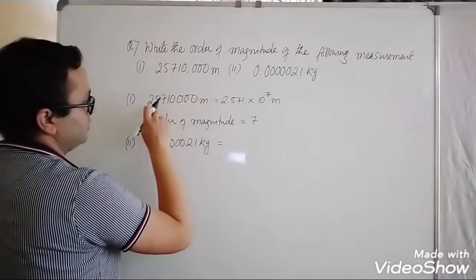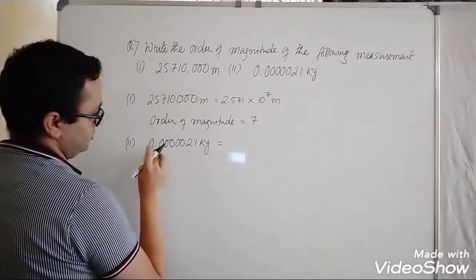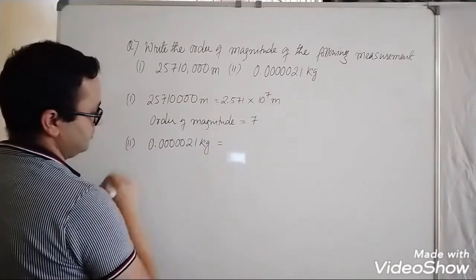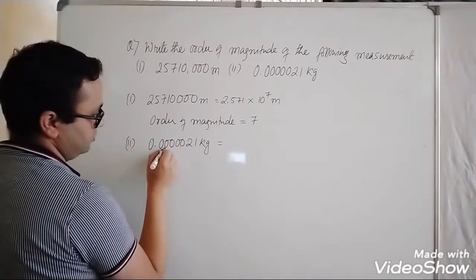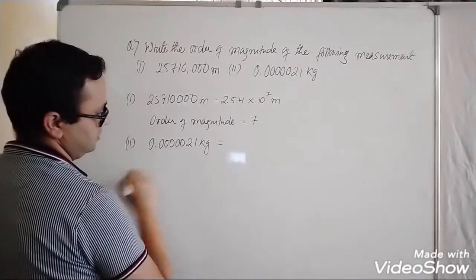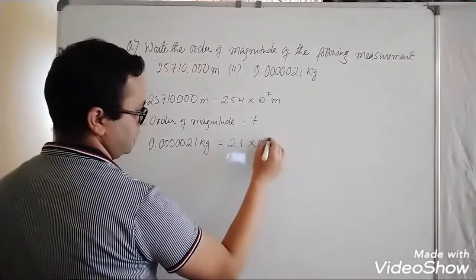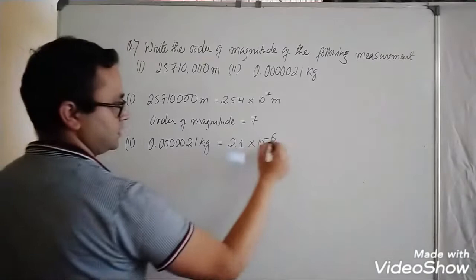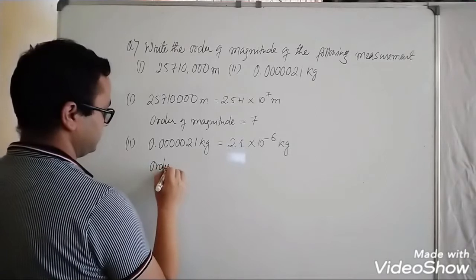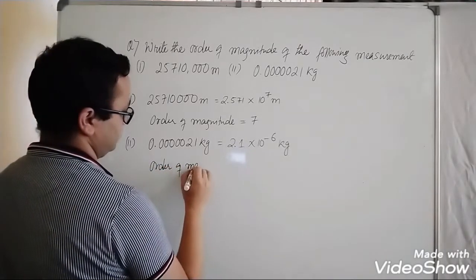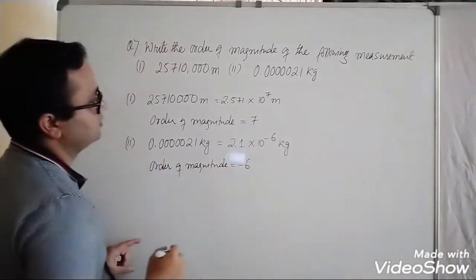Because in this physical quantity the decimal point is at the beginning. So we count from the left: 1, 2, 3, 4, 5, 6. So the least significant gives 2.1 into 10 to the power minus 6 kg. So we can say the order of magnitude equals -6.